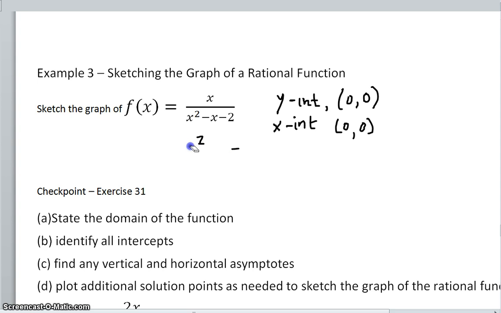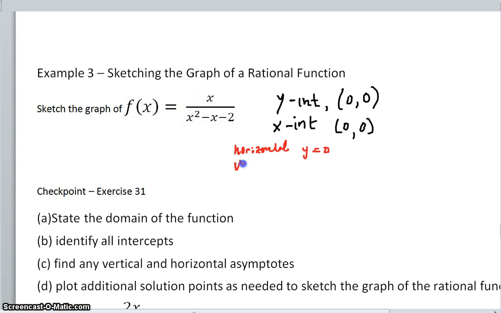Now I need to figure out just exactly where the asymptotes are. And hopefully you can see that based on this, we have a degree 1 over a degree 2. So in terms of horizontal asymptotes, the line y equals 0 is going to be one of them, because the degree in the numerator is smaller.